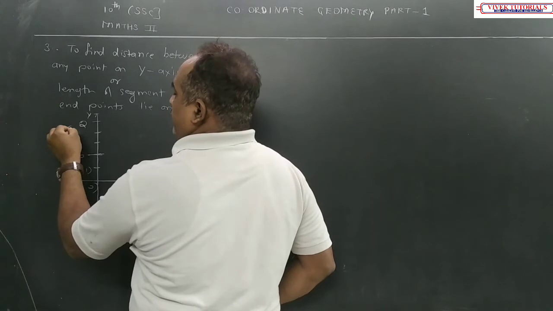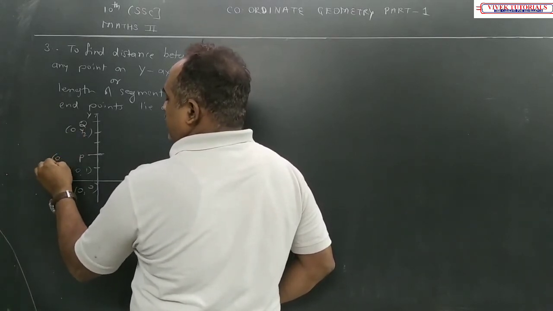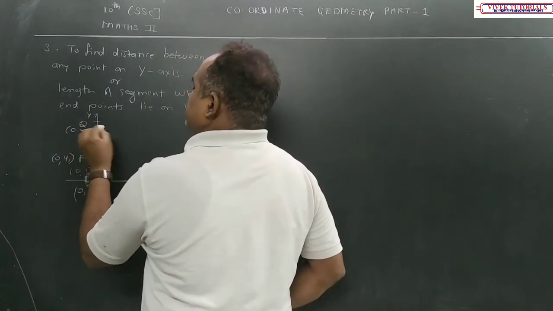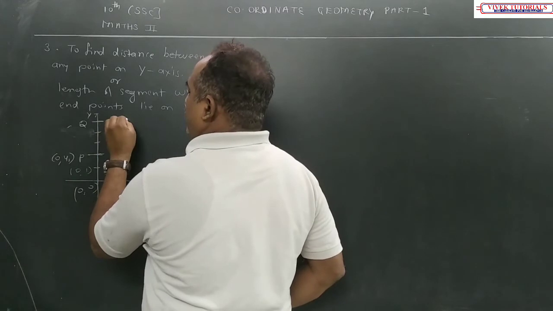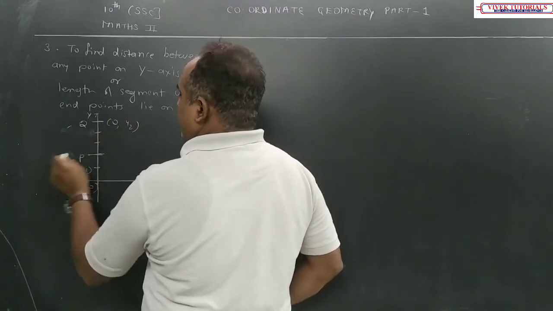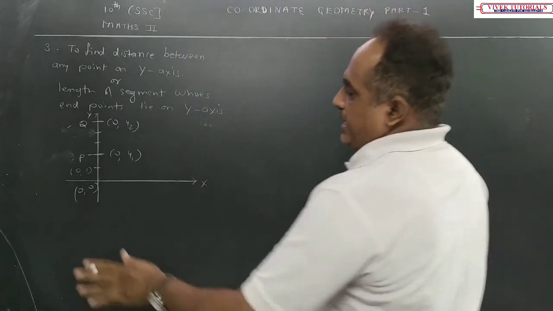Its coordinate will be 0, y2. It will be 0, y1. See once again. Q's coordinate will be 0, y2. And here it will be 0, y1. Okay.